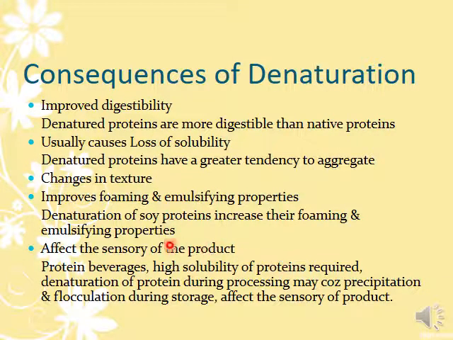So if processing leads to denaturation of the protein, it will lead to precipitation and flocculation during storage, and therefore it will affect the sensory of the product. It is no longer in a soluble form. It becomes a mixture of solid and liquid, which is undesirable.